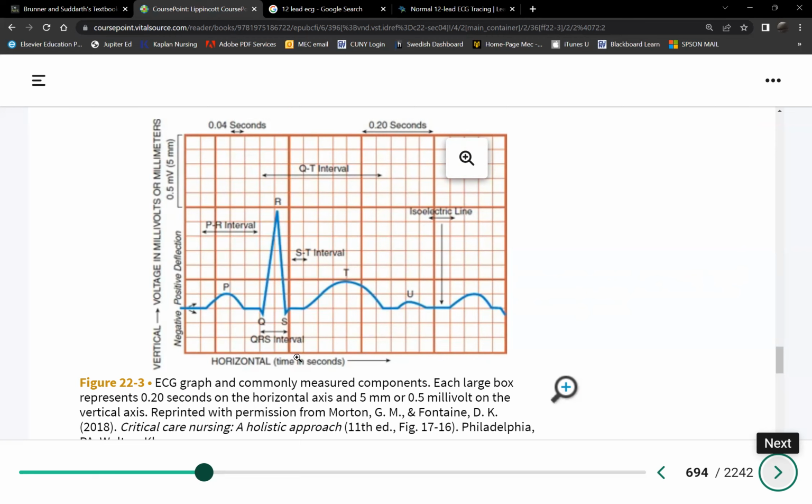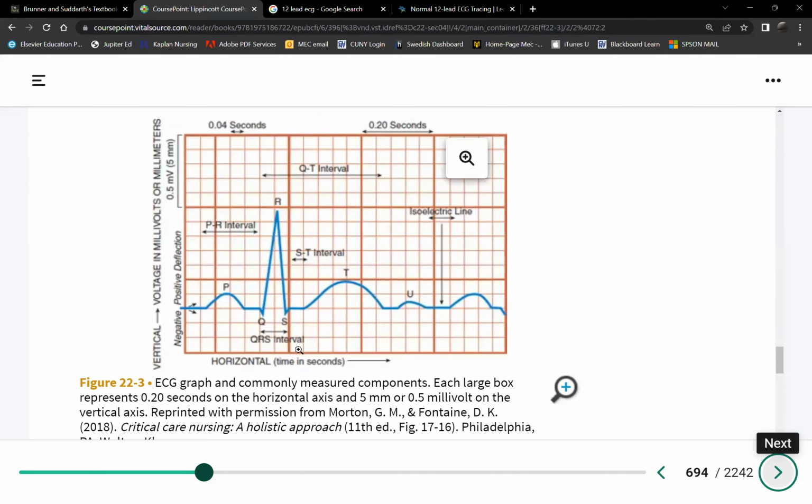Okay. So each small box measures 0.04 seconds. How much? 0.04. So therefore 0.04 seconds times 5. As you can see, there are 5 horizontal boxes in one big box, right? 1, 2, 3, 4, 5.